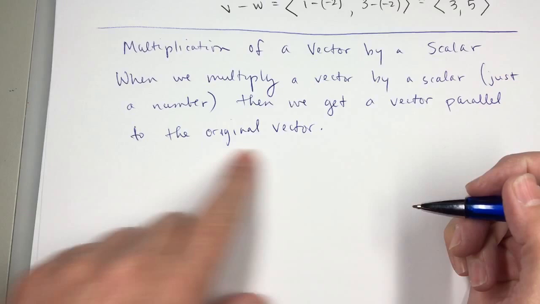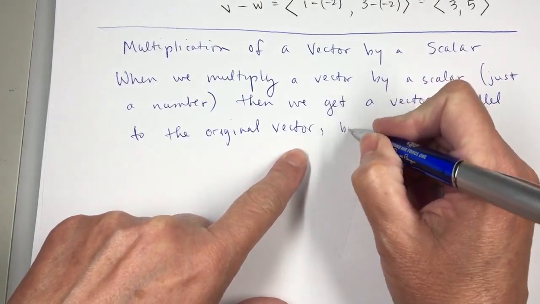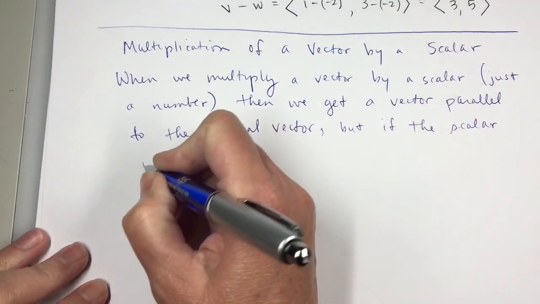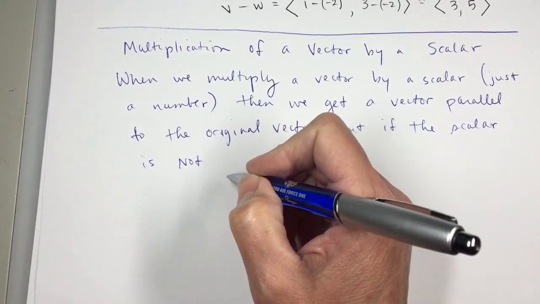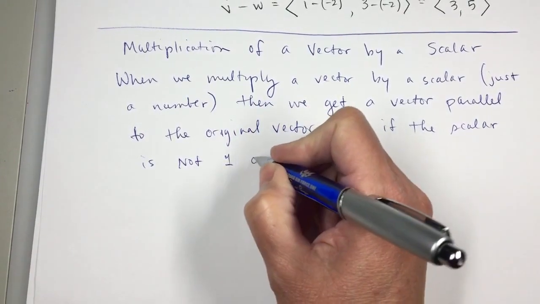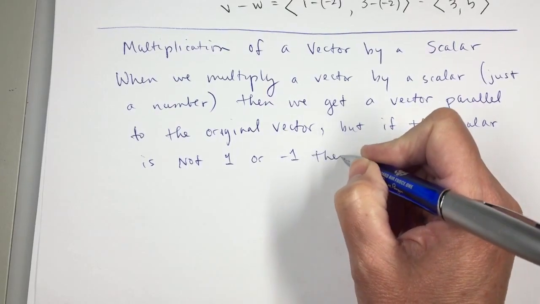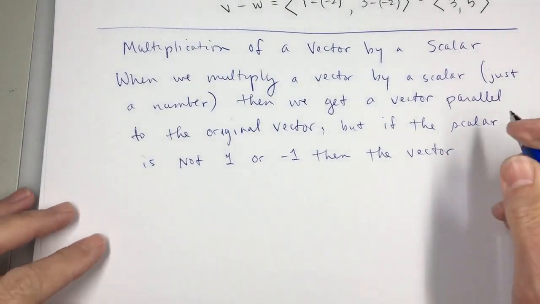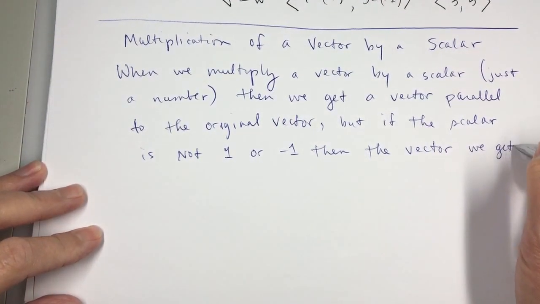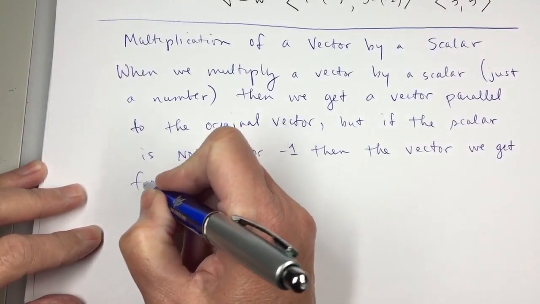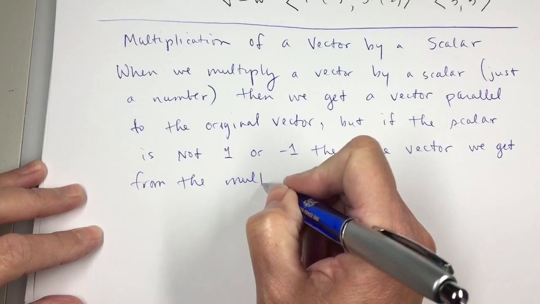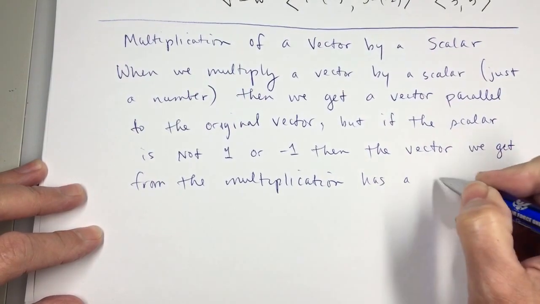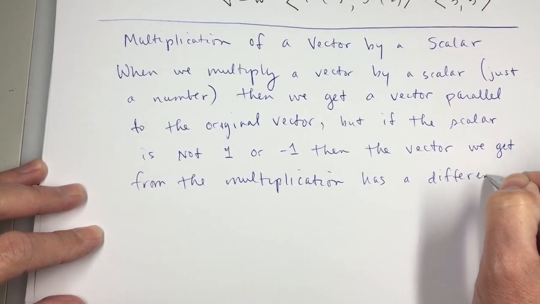So we get a vector parallel to the original vector, but if the scalar is not 1 or negative 1, then the vector we get from the multiplication has a different length, and the length is the magnitude.